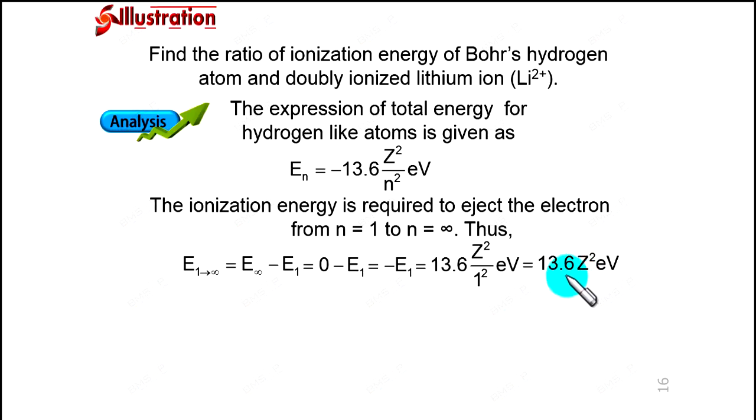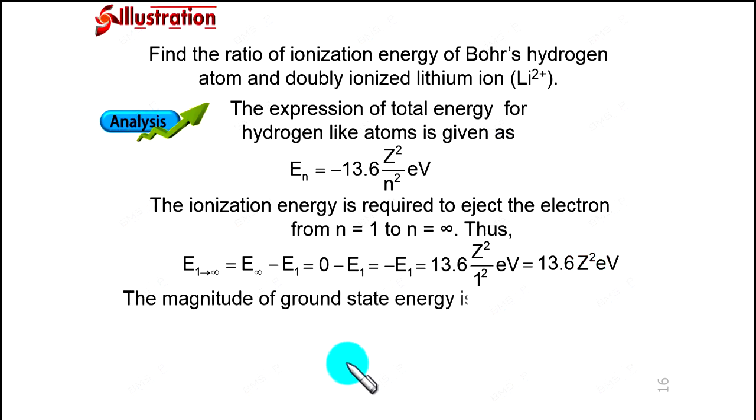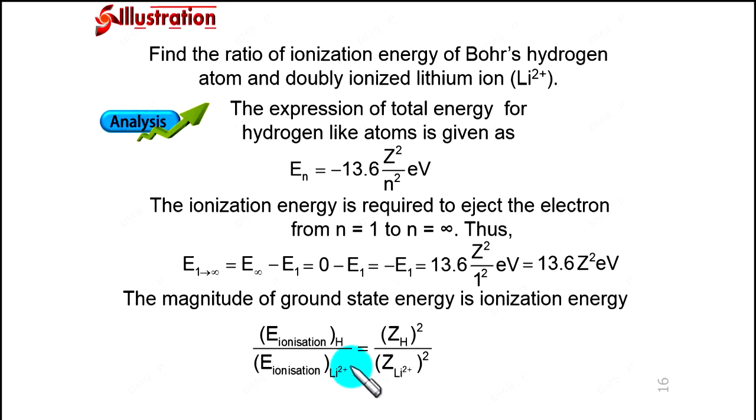So, here we can write E ionization for the hydrogen divided by E ionization for the lithium, that is equal to Z square for the hydrogen divided by Z square for the lithium. So, let us write this relation now, right, and we know Z equal to 1 for the hydrogen and for the lithium this value is 3. So, this is 1 divided by 3 square and this is 1 divided by 9. So, this is the required ratio.